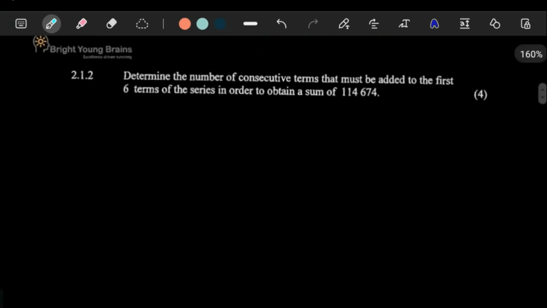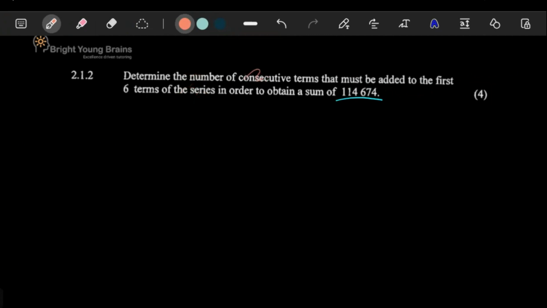Question 2.1.2 says determine the number of consecutive terms that must be added to the first 6 terms of the series in order to attain 114,674. Let's read that again.